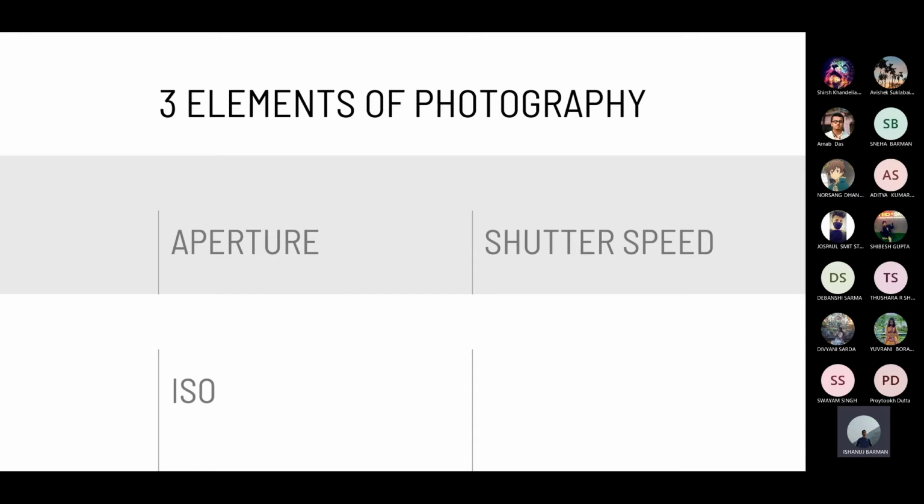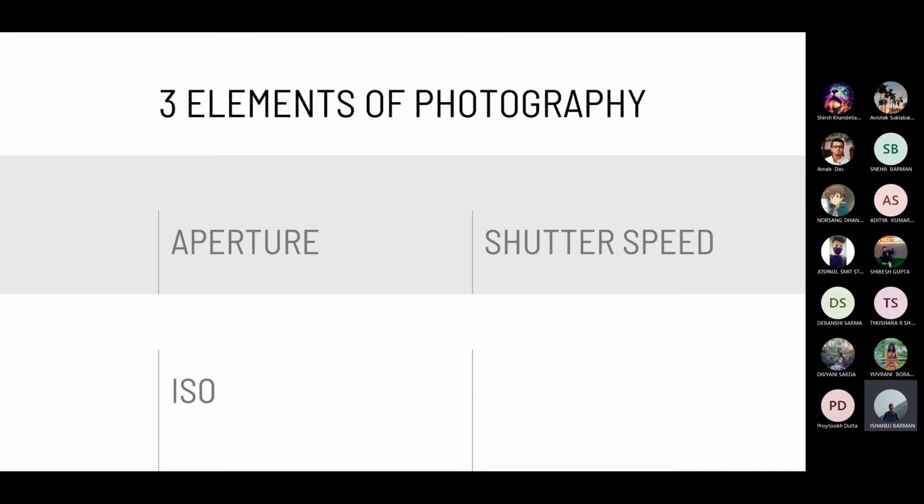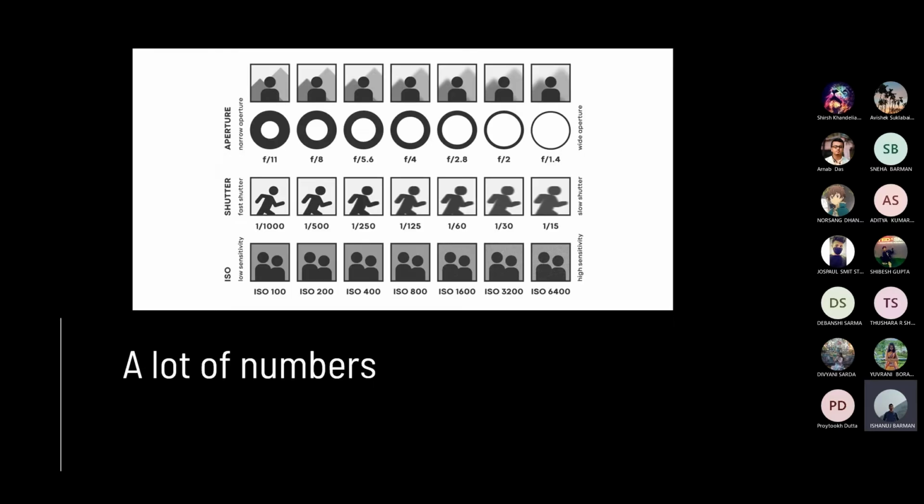So it controls the luminosity of your picture. You can see here a lot of numbers like 1 by 1000, 1 by 500, ISO 100, f-stop 1 by 11, and all those. I'll tell you in detail what these are about.